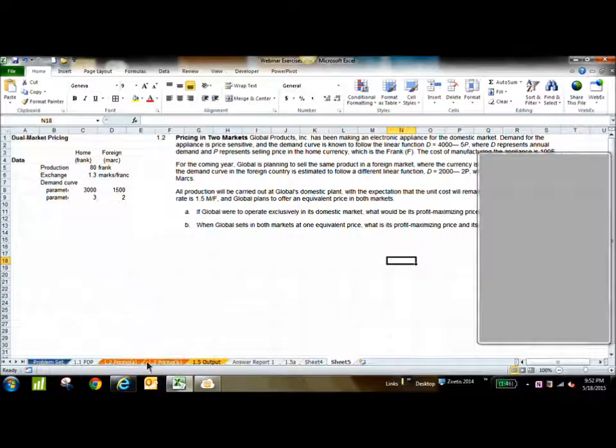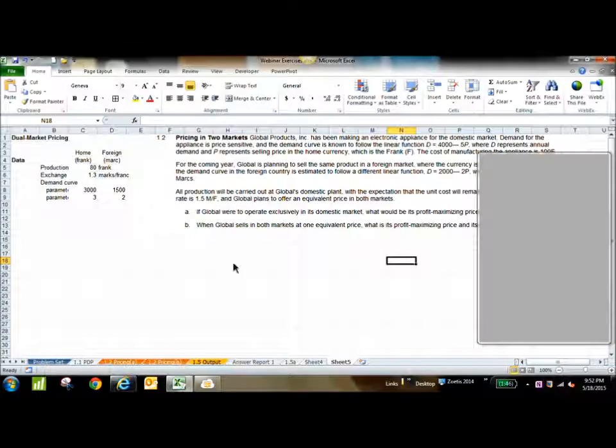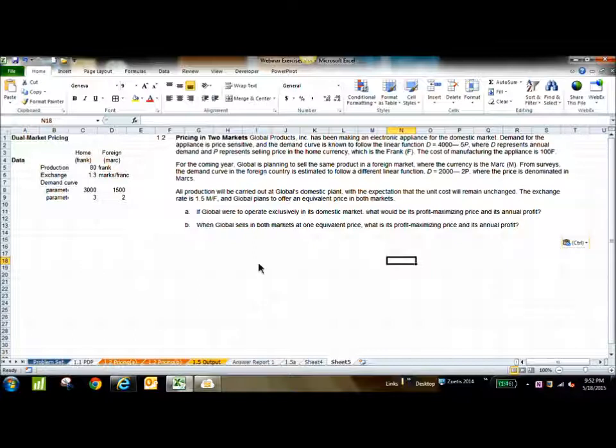Okay, so for this one, what we're talking about is you are selling in both markets. You are Global Products, Inc., and you're selling in both markets at one equivalent price. So what we're saying is the cost to make the product is going to be the same.